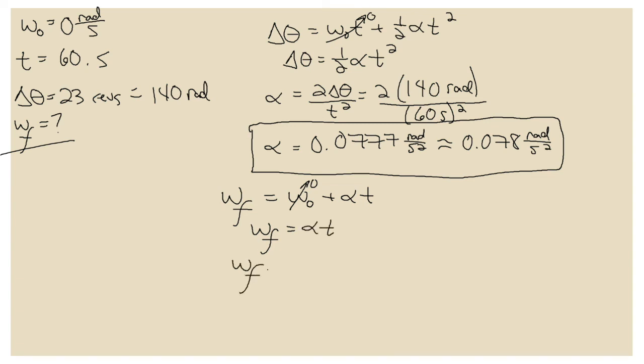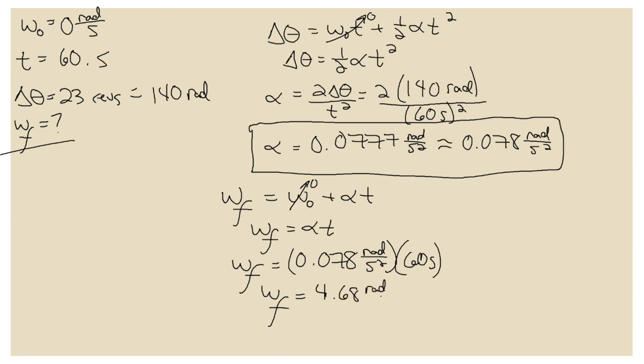And when you do that math here and plug it in, you get the alpha that you just found, 0.078 radians per second squared, times the time, 60 seconds. And that gives us a final angular velocity of 4.68 radians per second, or to 2 sig figs, 4.7 radians per second.